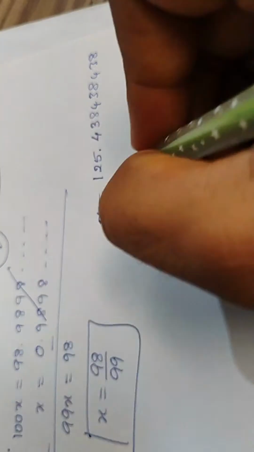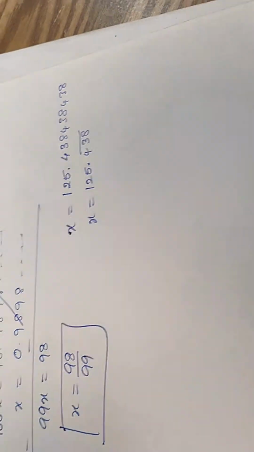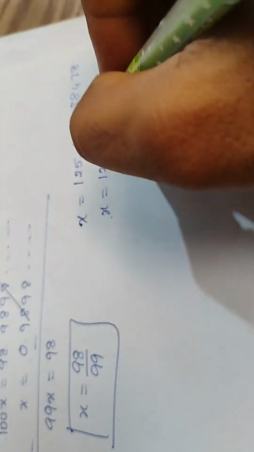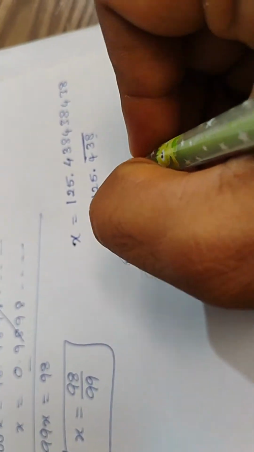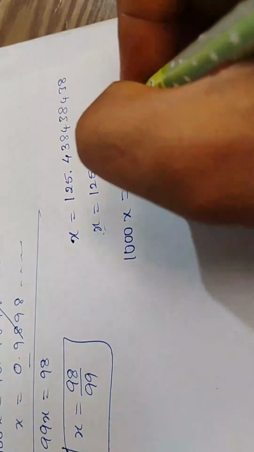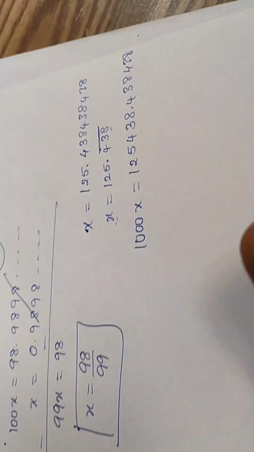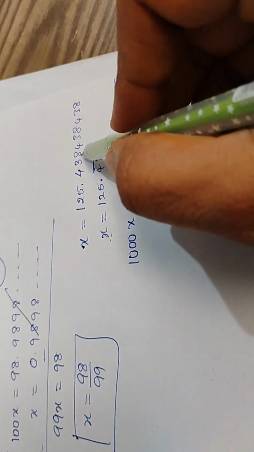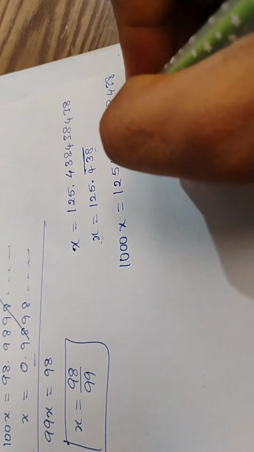You can write x is equal to 125.438 with a bar over 438. Since the bar is over 3 digits, you have to multiply both sides with 1000. 125.438438438. Multiplying with 1000 moves 3 digits, so after 3 digits your decimal will be there.